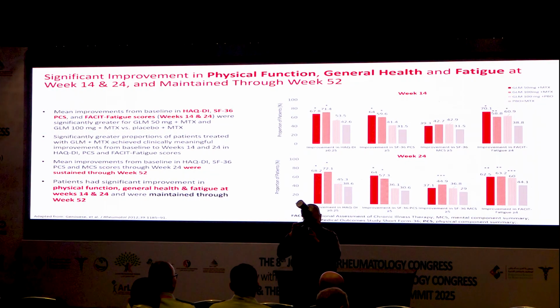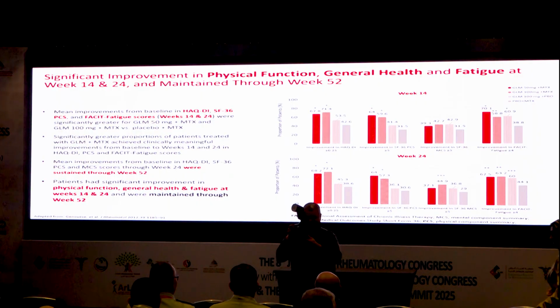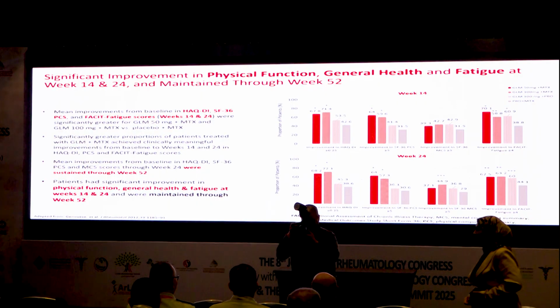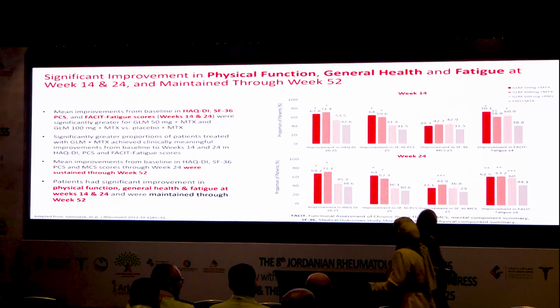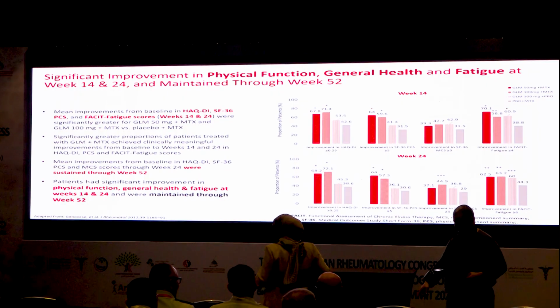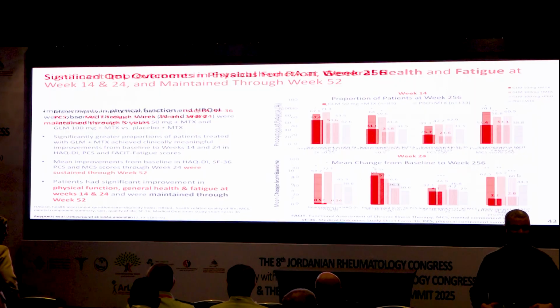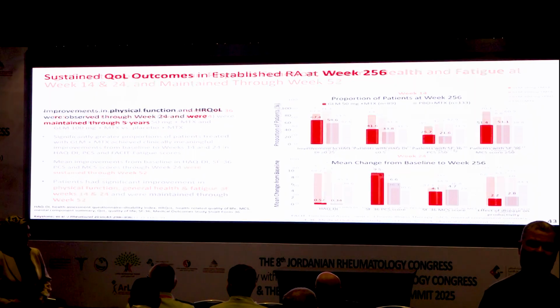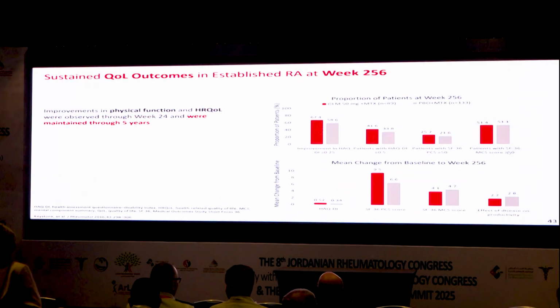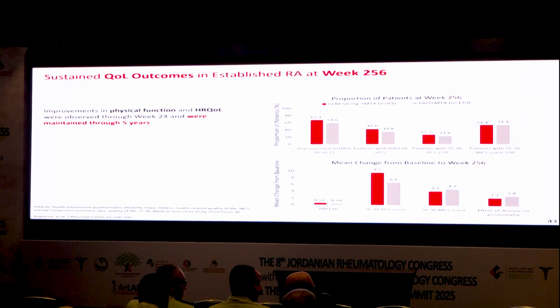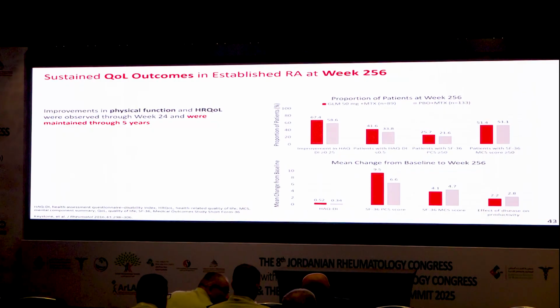All these assessment tools were improved from the start through week 52. Also, there are sustained quality of life outcomes in established rheumatoid arthritis: the physical function, as well as the Short Form 36 physical and mental component summaries, also improved through the 5 years.